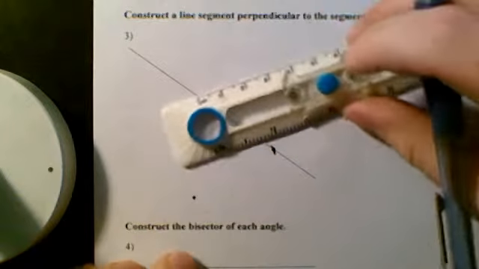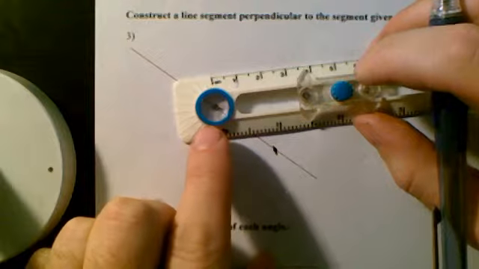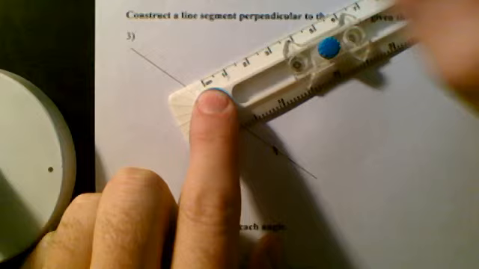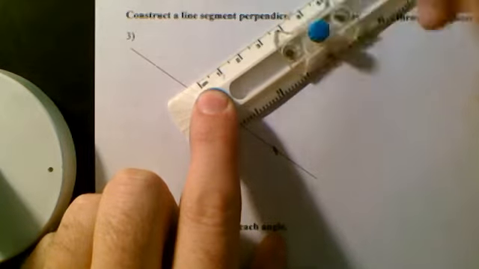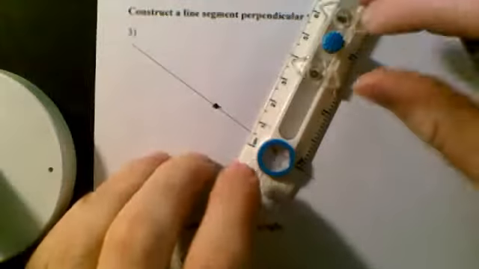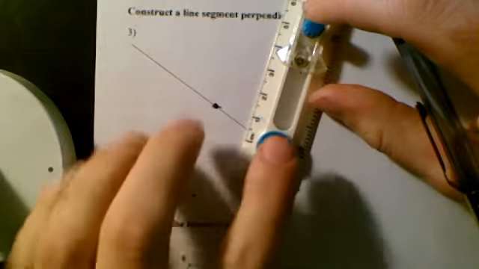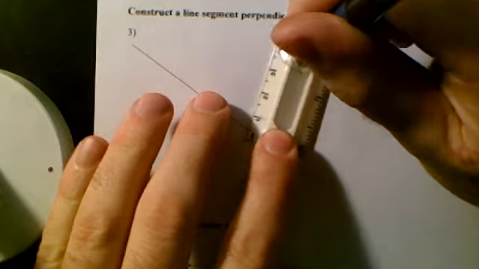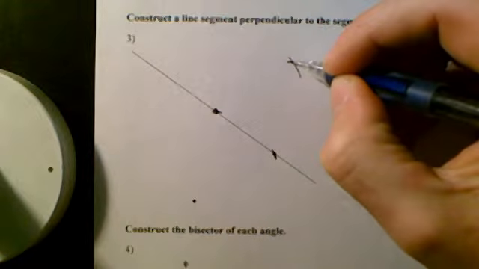Go ahead now and put the other end of the compass on that point that you constructed on the segment, and draw another arc up here on this side. Now put that end on the other point, and make another mark, and the arcs that you make should intersect, and where they intersect you're going to draw a point.